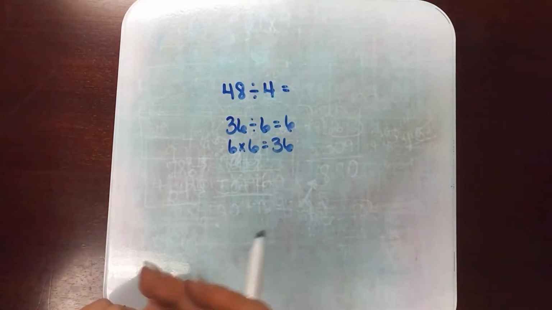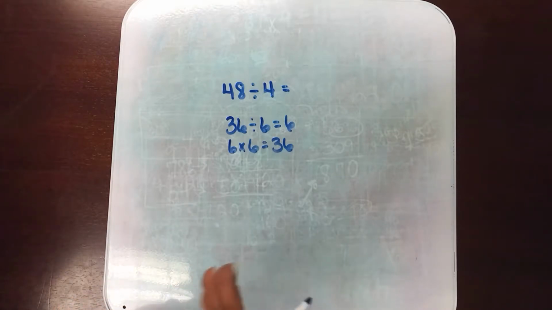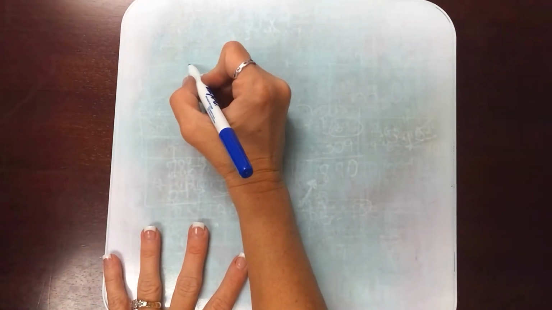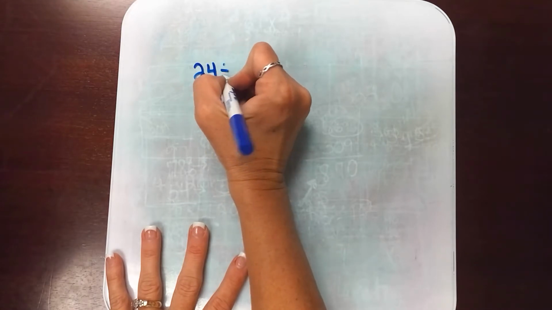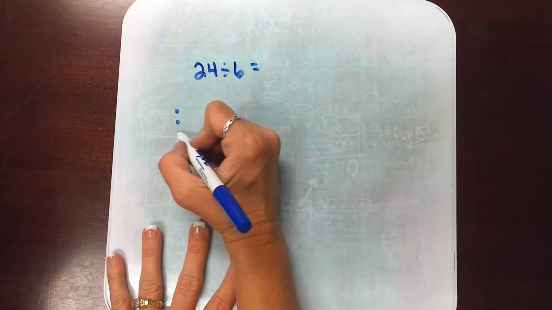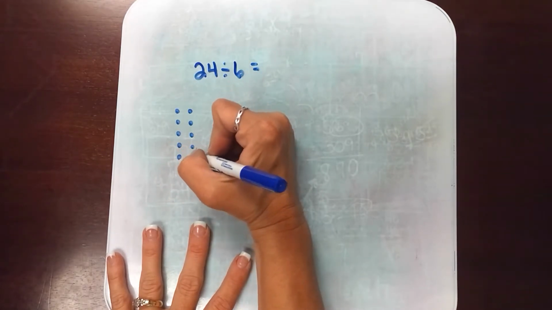As I said, they may be given objects to solve problems in the beginning when you start working with them. They can use pictorial models. They may see arrays. They could see 24 divided by 6. So they may see 1, 2, 3, 4, 5, 6, and they may see this array.